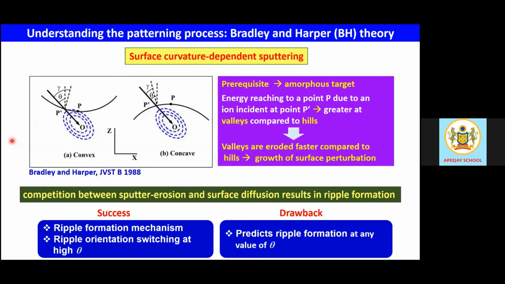So the most decisive factor is the given ion incident angle. If for that particular angle of incidence of the ion on the surface the ion-induced diffusion process becomes dominant, then the surface will remain flat, in the sense that it will not show any kind of pattern formation.